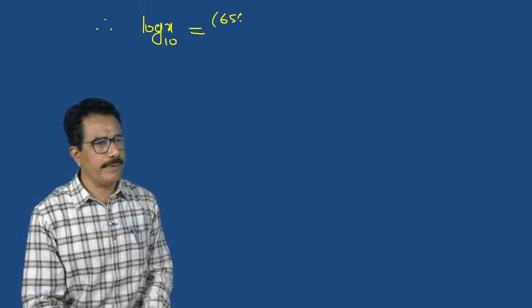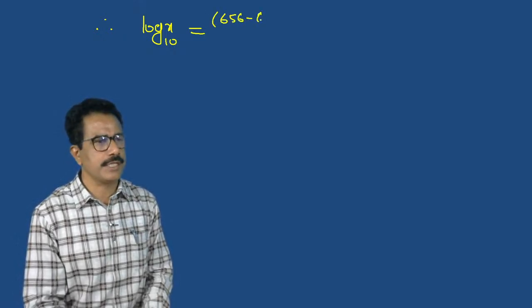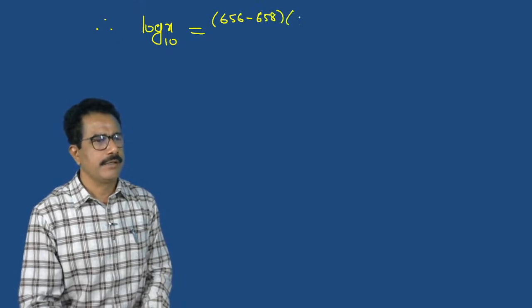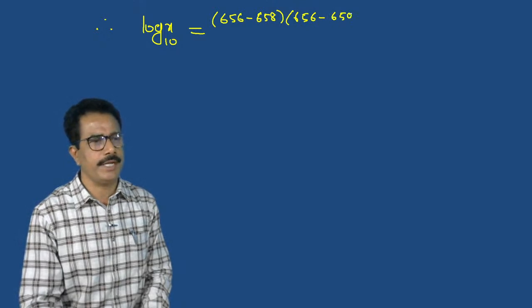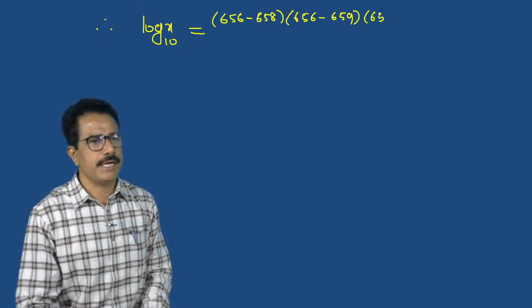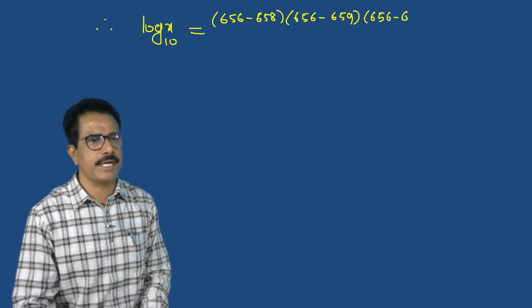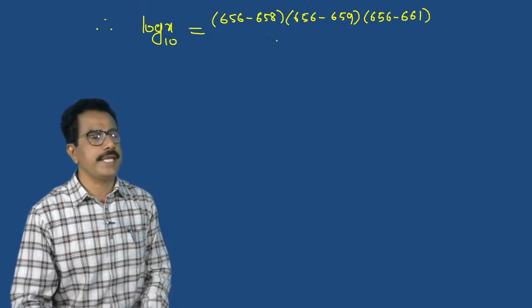Now put the values: x minus x1, x minus x2, x minus x3. 656 minus 658, 656 minus 659, 656 minus 661. This is the x3.